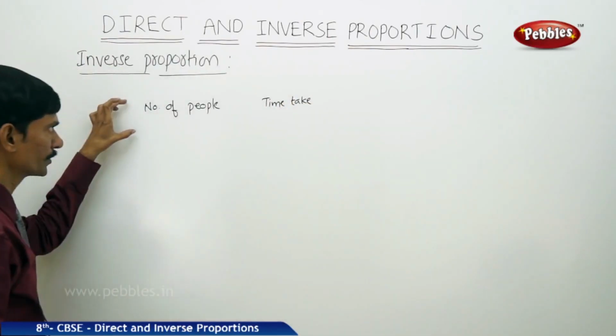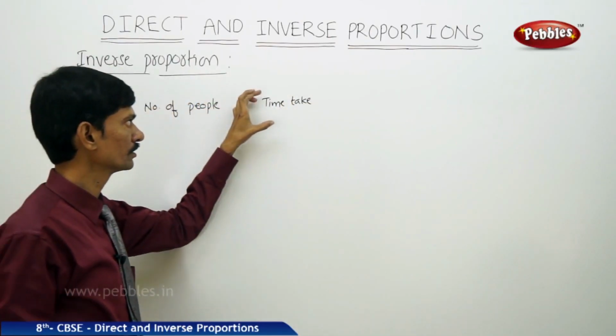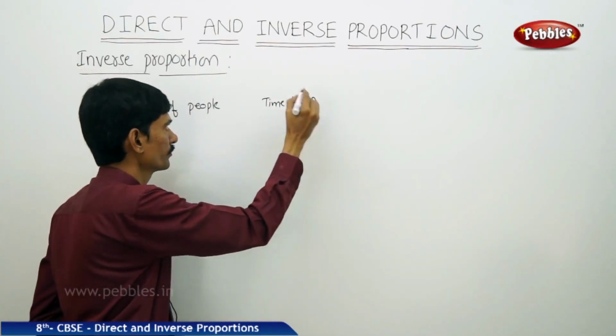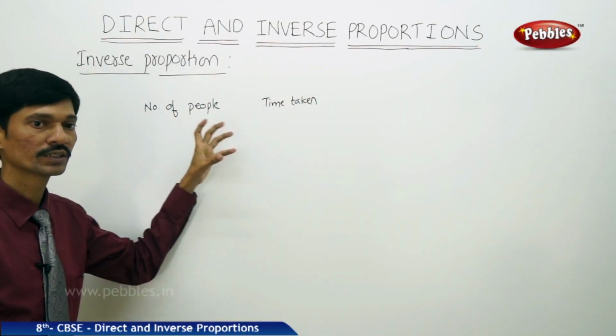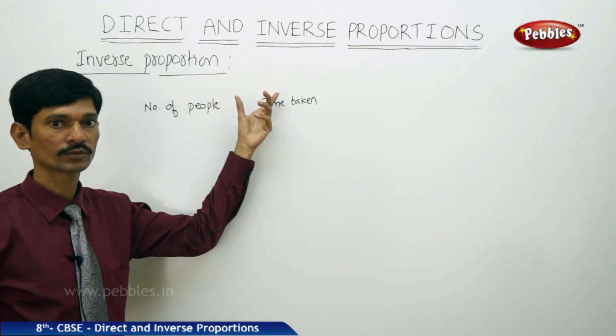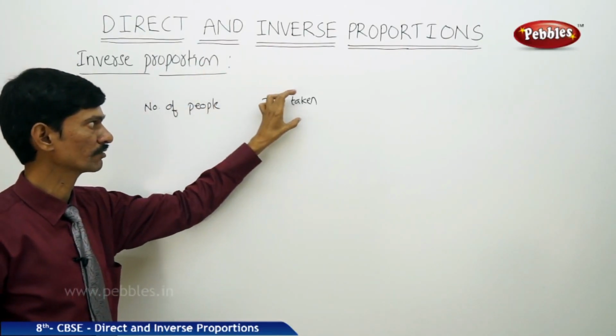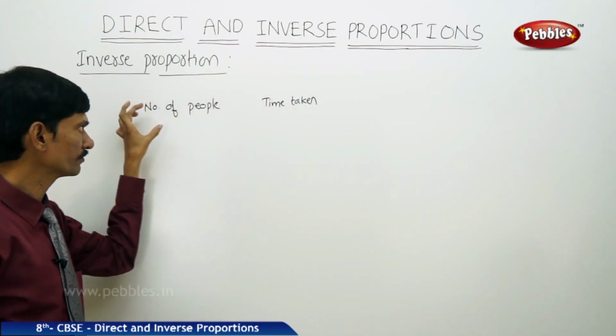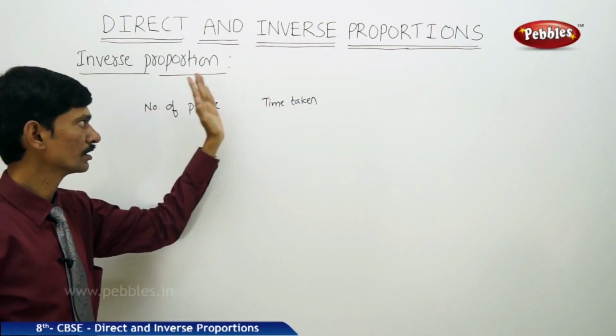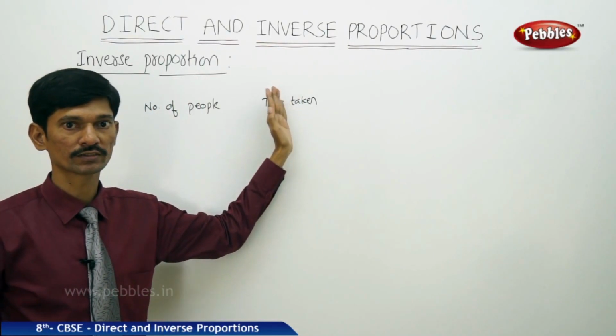If you take more people, they can complete the work in less time. If you take fewer people, they will take more time. So if one quantity increases, the other automatically decreases, and if the first decreases, the second increases.